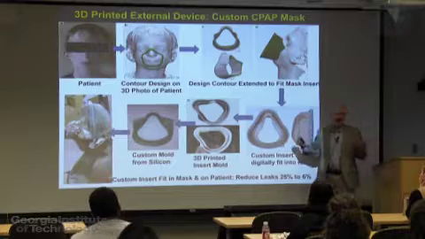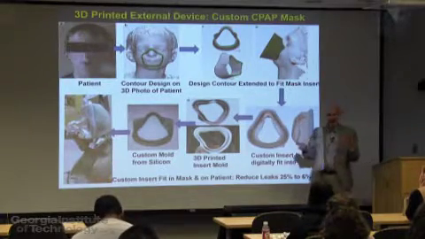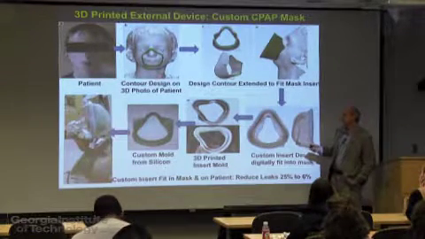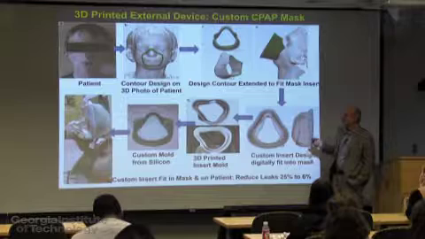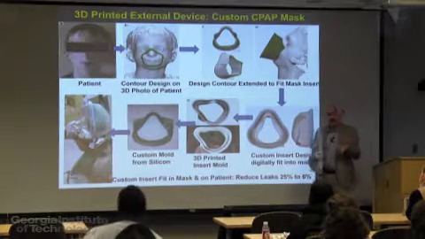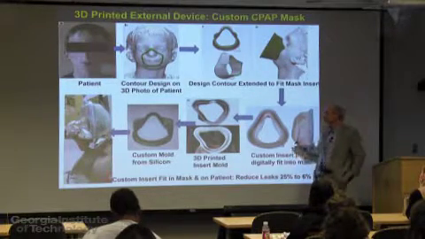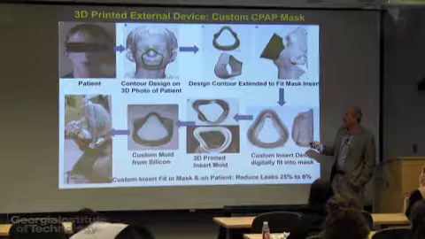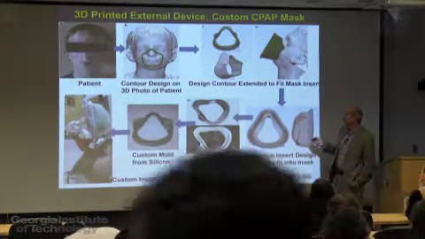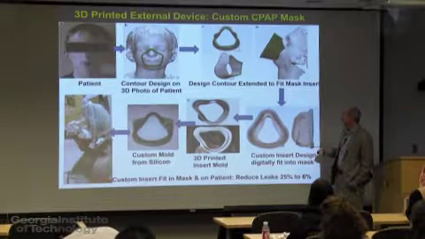It turns out now there are many devices you can buy on Amazon, handheld scanners or scanners for your iPad, that essentially let you scan this child, create an STL model of their face, and use that STL model as the basis for designing the insert. You can see actually drawing the insert interface on the child's STL model, extruding that from the face, getting an insert that can actually fit.